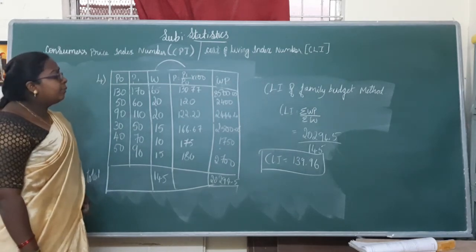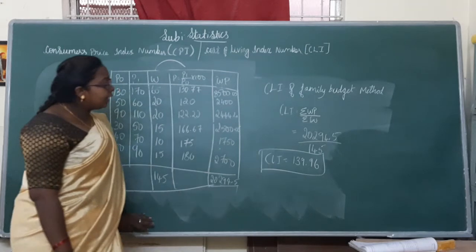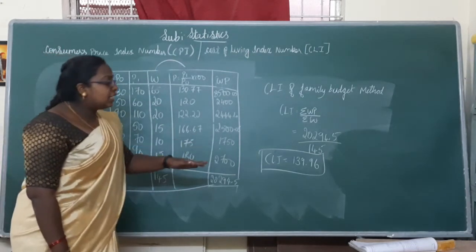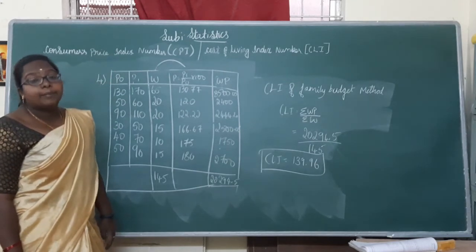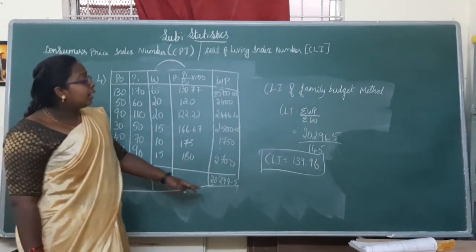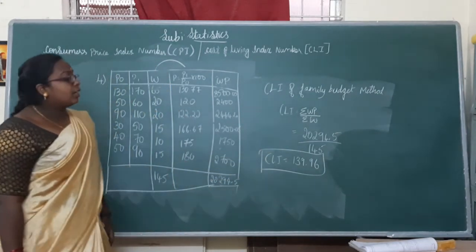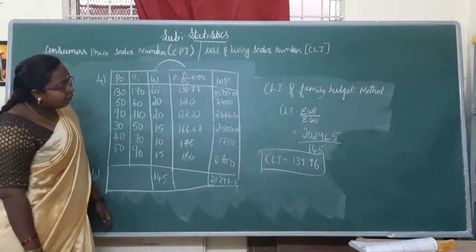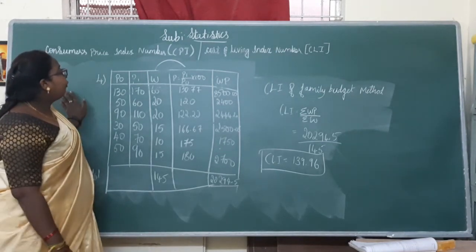Weight into price will be multiplied, and here I will get the total. Here my formula changes according to my problem. Last time it was sigma P1 Q0 divided by sigma P0 Q0 into 100. Here it is sigma WP divided by sigma W. Then I substituted the values and I got 139.96. So this is your fourth problem.